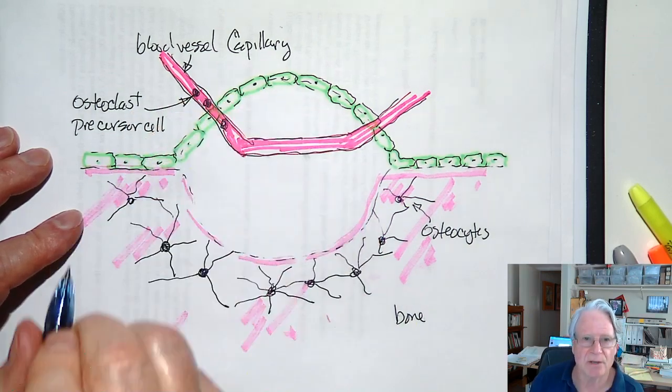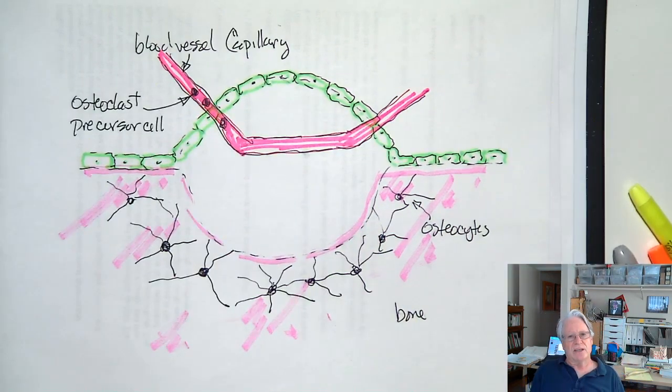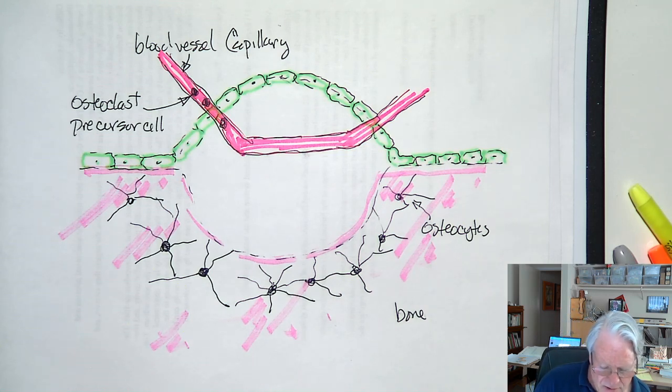The blood delivers them. Why? Why is it the blood that's delivering those? Because these cells originate from red bone marrow, so they have to be delivered through the circulatory system to this site. Okay? All right.